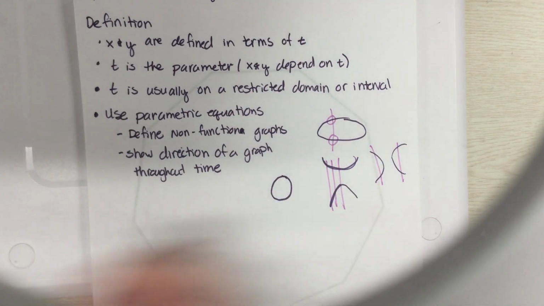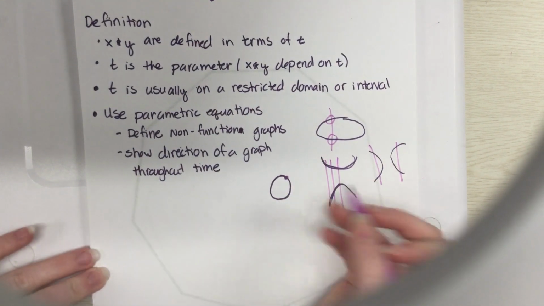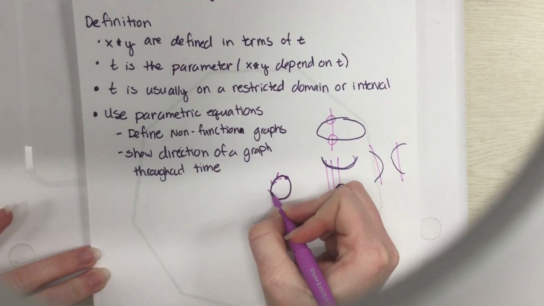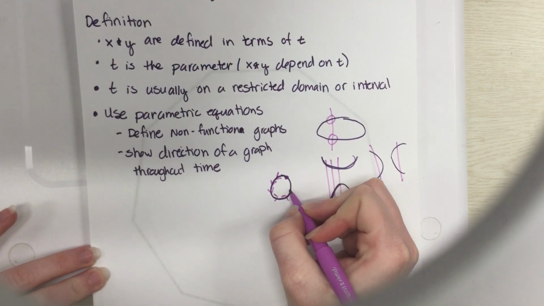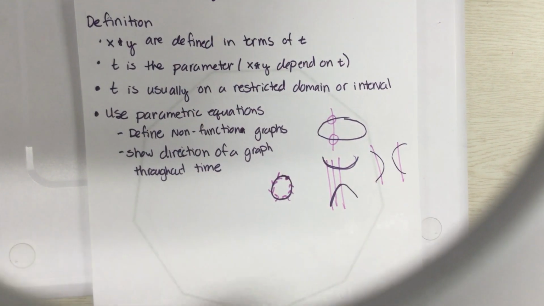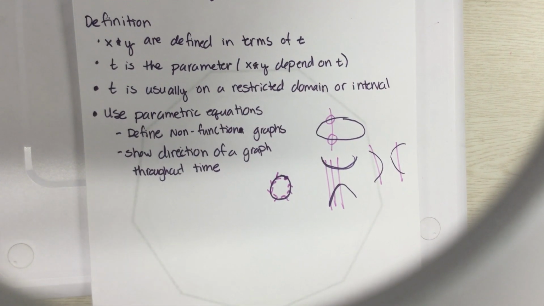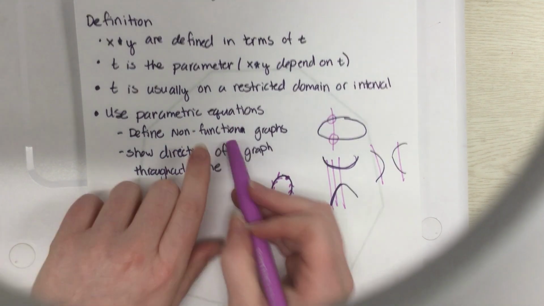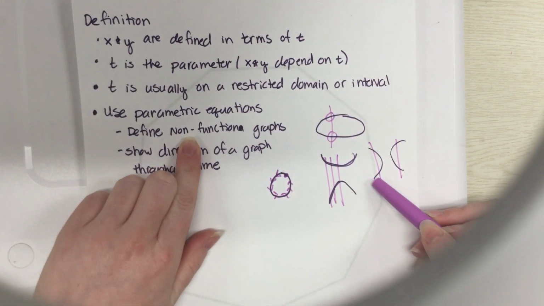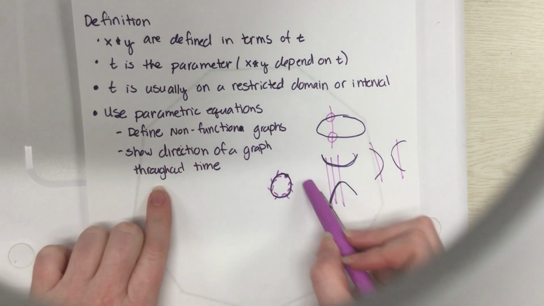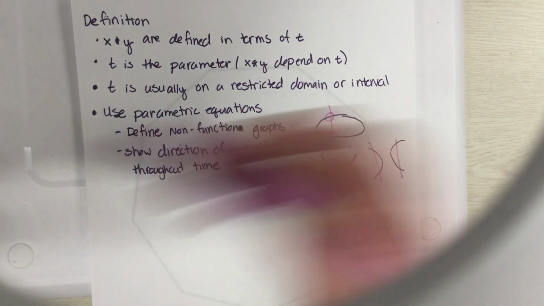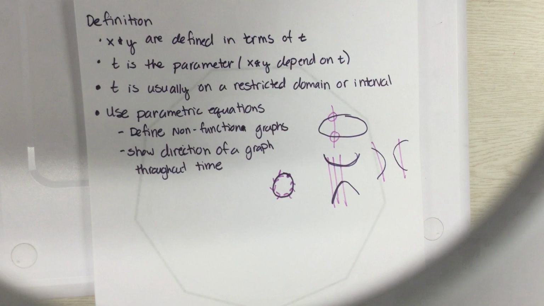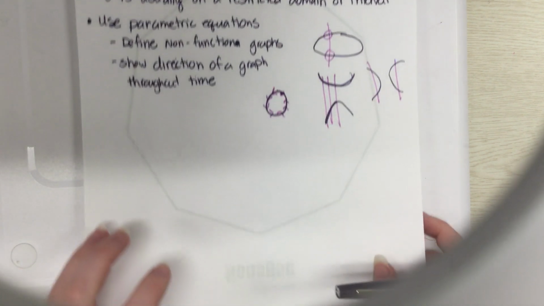We have a starting point on the circle, and we show that the circle is rotating this way, and then this will be the ending point. That's what we're going to be doing with parametric equations also. We're not only going to define things that aren't functions, all of our conic sections, we're also going to show the direction we're rotating or the direction we're going down a line or anything like that.